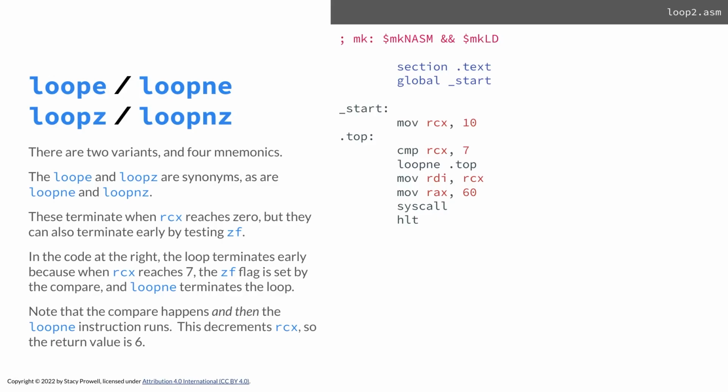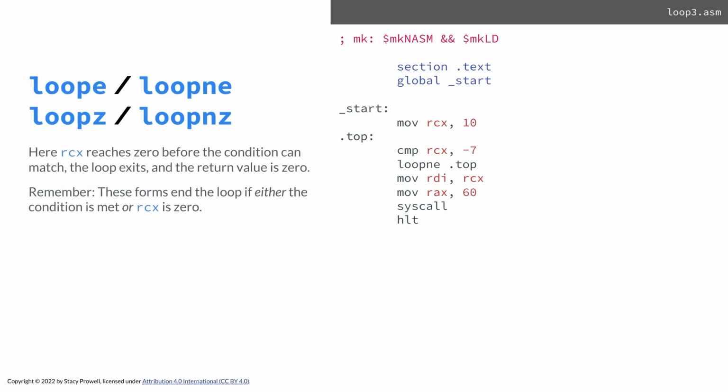This will always decrement RCX. So here we compare RCX to 7. It is 7, let's say. So that means that we're going to terminate the loop, but loop instructions always decrement RCX. So right after this loop instruction, RCX will have the value 6, which will get put in RDI and be returned. So the return value from this code will be 6.